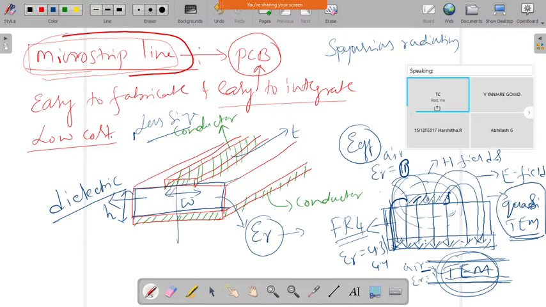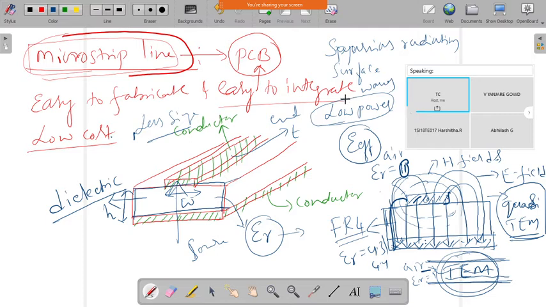If I put the power at the source and have a load end here, the surface waves restrict the power going from source to load. Also, it has low power handling capacity, so we cannot use it for higher power applications; we have to use it for low power applications. Those are the disadvantages of the microstrip line.